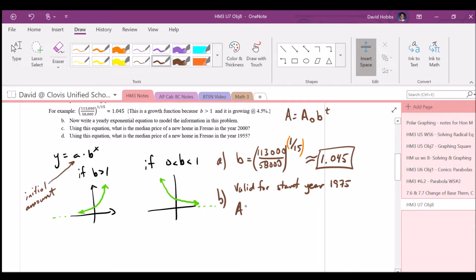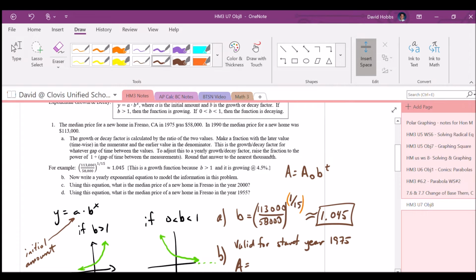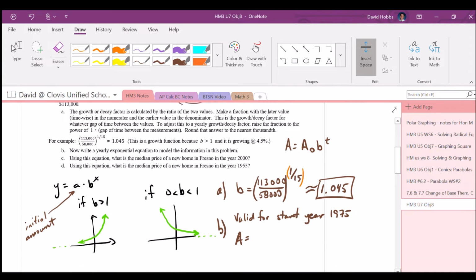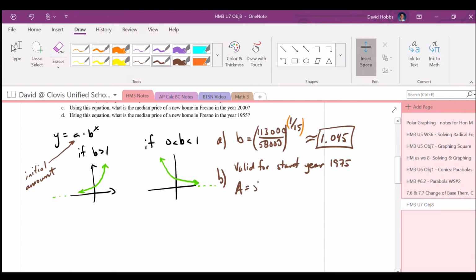So a equals my initial value. What's my value at 1975? 58,000. 58,000 times that b value we calculated, 1.045 to the t. Okay, there's my equation.